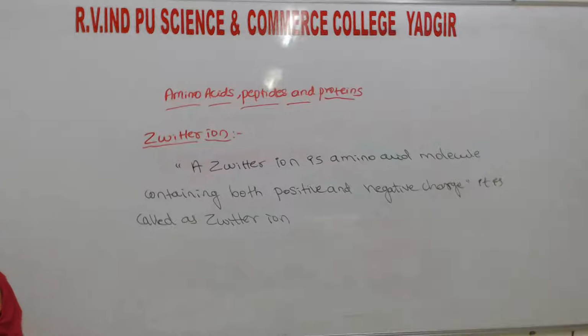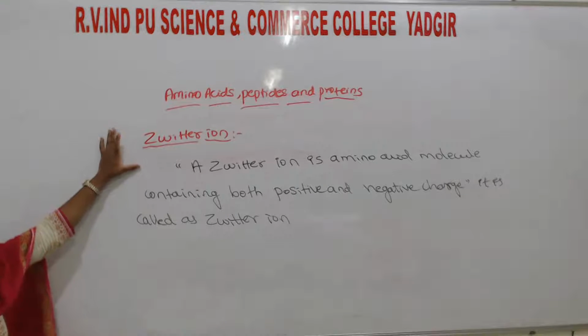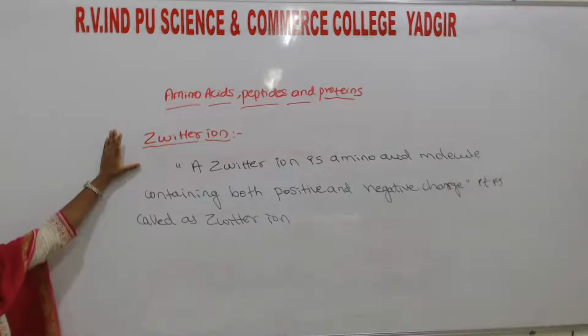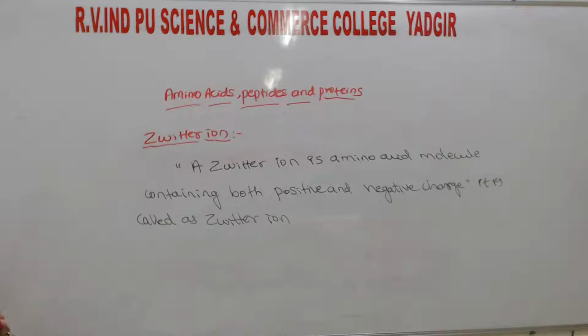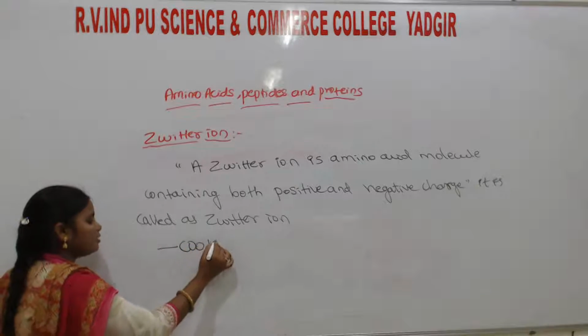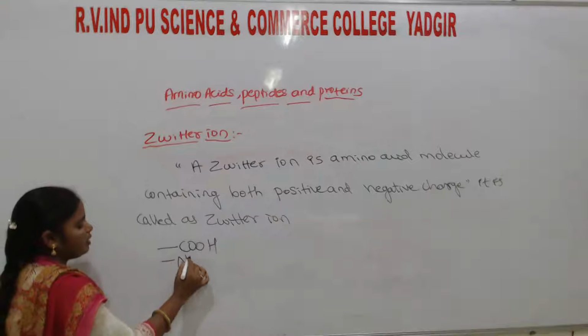Amino acids are bifunctional compounds. They contain both an acidic group, that is the COOH group, and a basic group, the NH2 group.